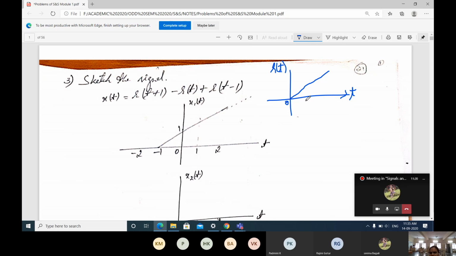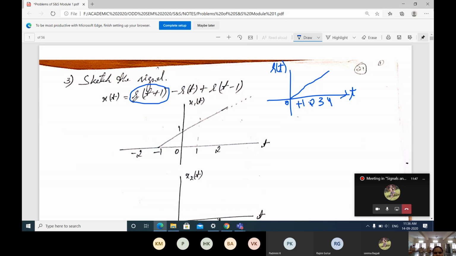Next, if I take the positive scale 1, 2, 3, 4, observe here and understand the concept. This is our ramp. The first function we have to go for is r of t plus 1.